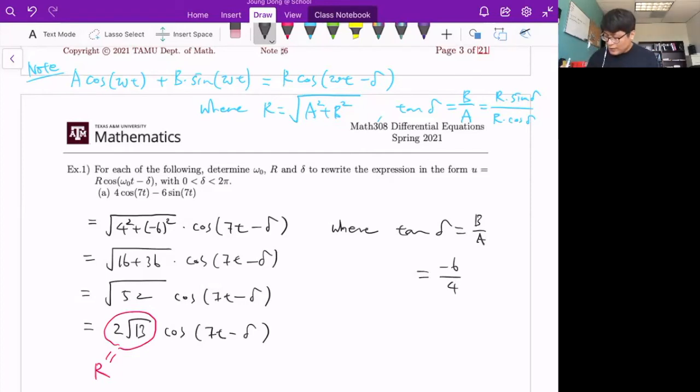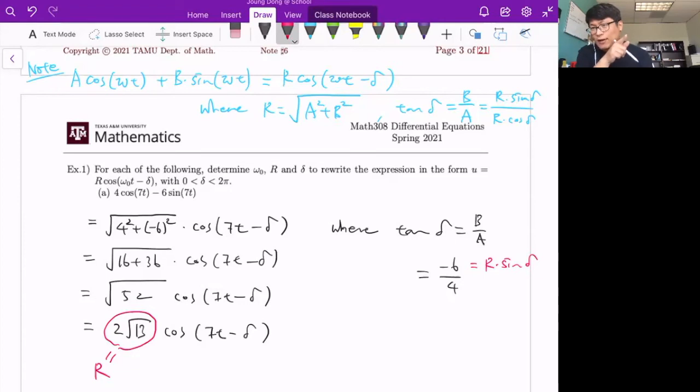Here B is negative 6, and since R is positive, sine delta is negative, which means delta must be in the third or fourth quadrant.